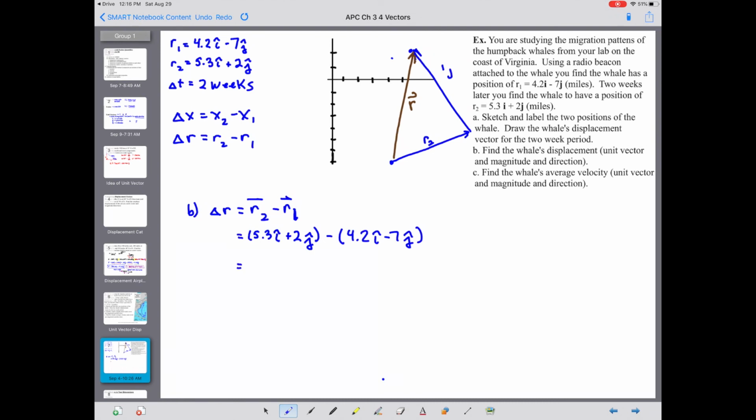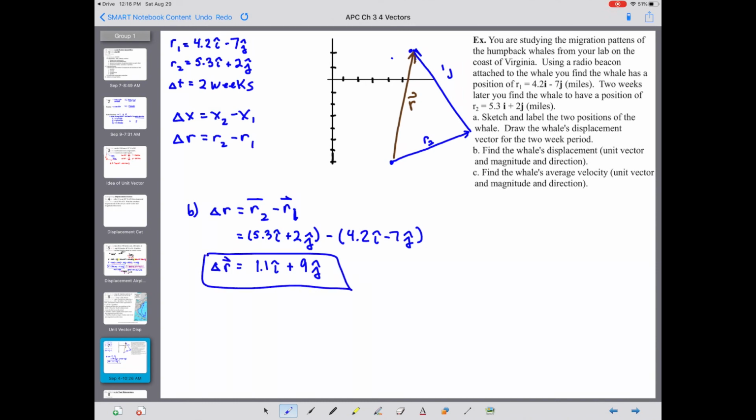Now, we don't have any trig to do. This is a straightforward, just mathematical combination. The i's, 5.3 minus 4.2, that's going to give me 1.1i. The j's, 2j minus a negative 7j, that's going to be 2 plus 7, that's going to be plus 9j, and that's going to be our resultant vector.